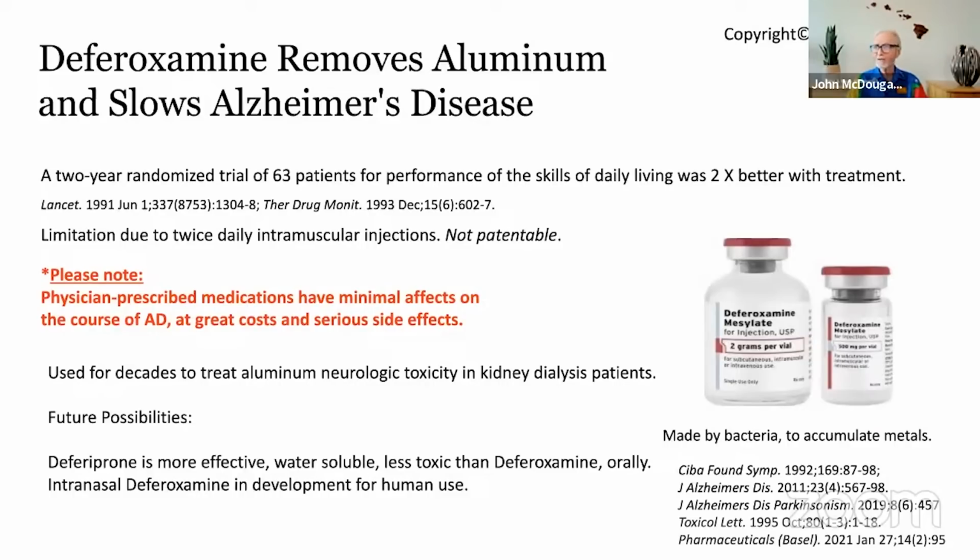Why haven't we invested the money to use this therapy to prove it works or doesn't work? This is a cure. This doesn't mean you're going to reverse the damage. You're going to be just as demented, but the progression of the disease will stop or slow at a far greater rate than the monoclonal antibodies can cause.